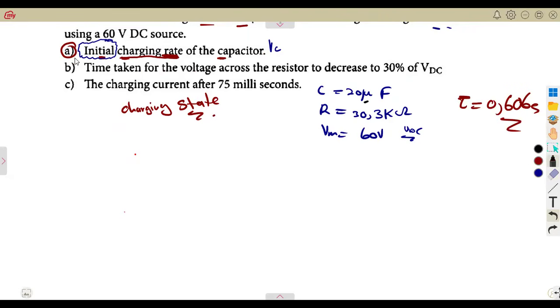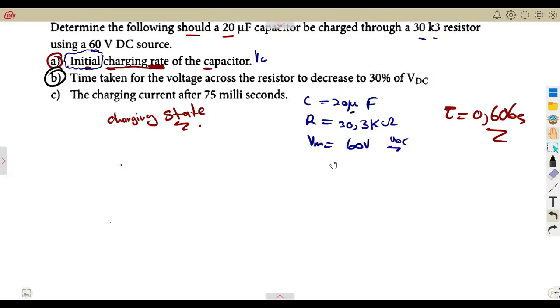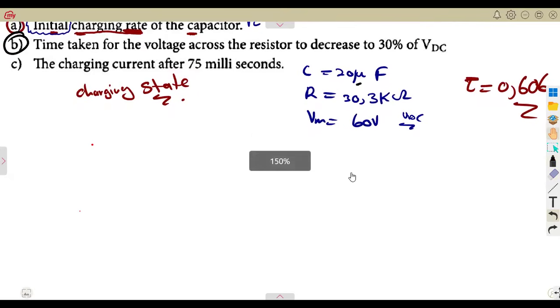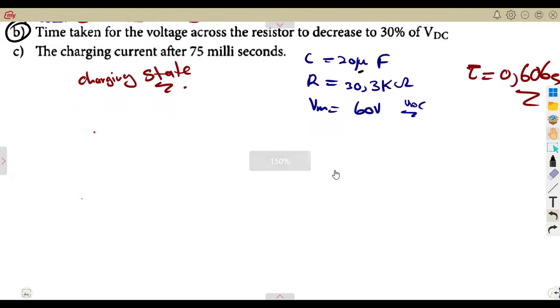Let's see on B, the time taken for the voltage across the resistor to decrease. Take note, in B we need the time. That's the first thing. The time for the voltage across the resistor, VR, to decrease to. There are questions where it can say decrease by or to.